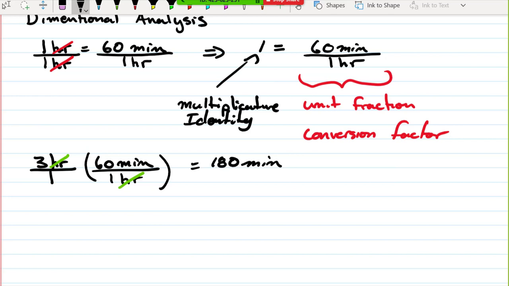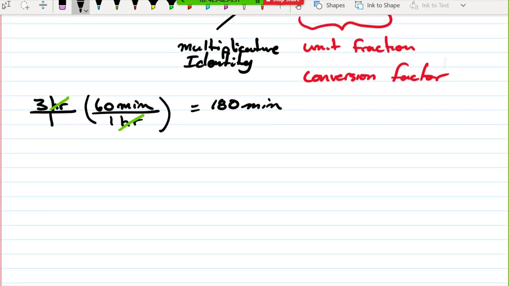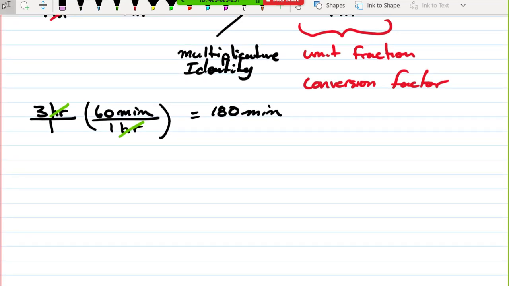So we can do something similar with degrees and radians. So we know that one circle contains 360 degrees, and we know that the circumference of the unit circle is 2 pi radians.